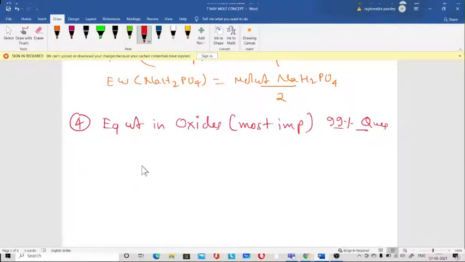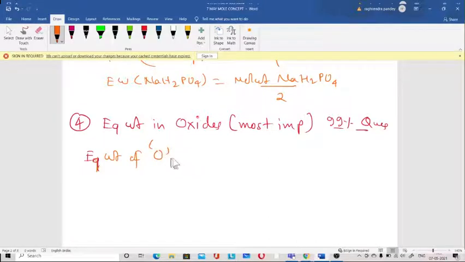First you see the equivalent weight of oxygen.